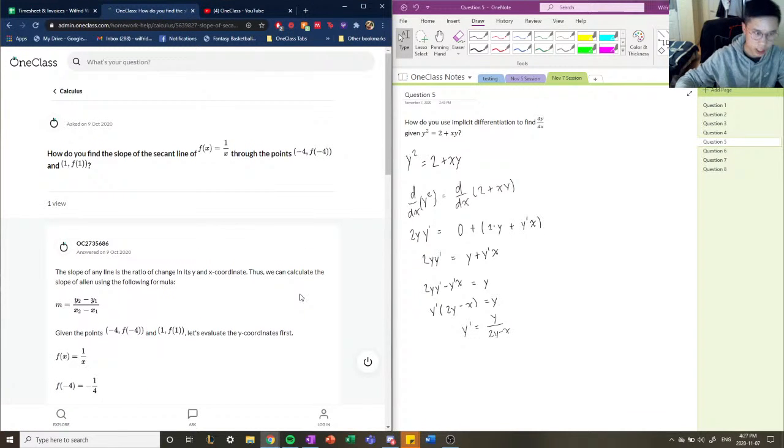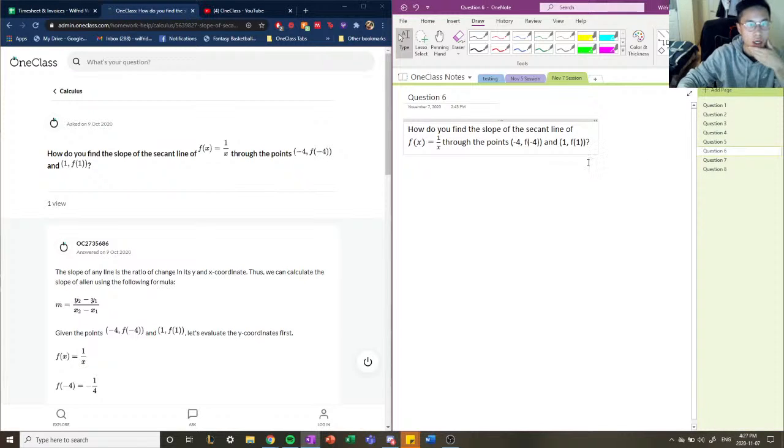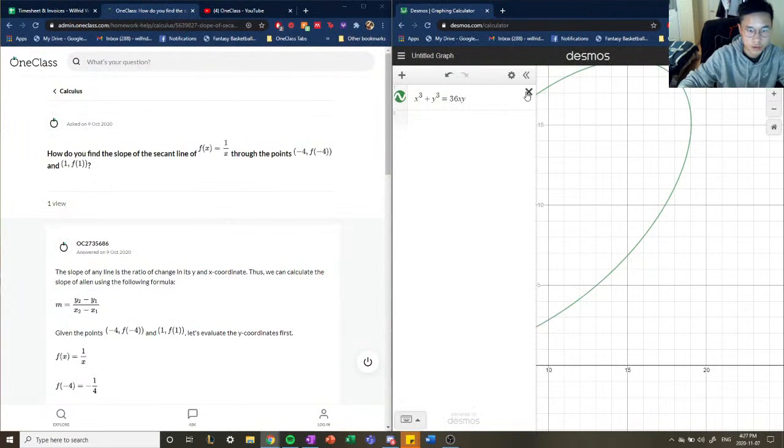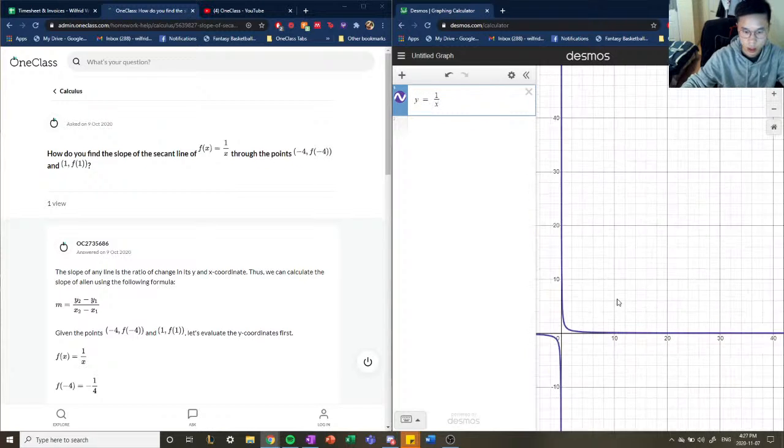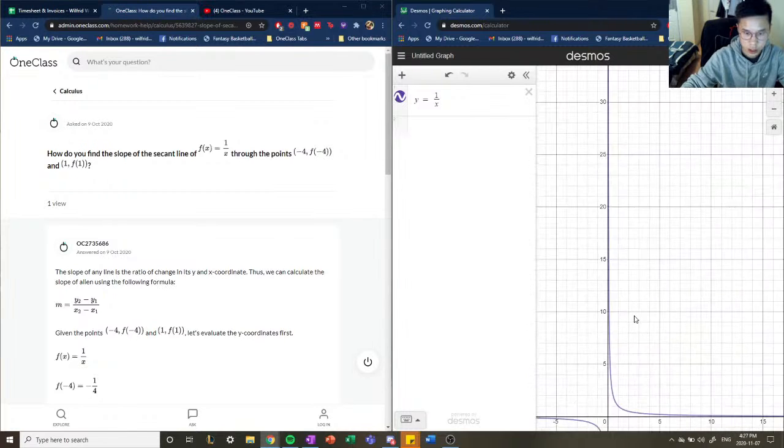So earlier on, I said that we're going to be calculating the slope of a secant line. So here we are. How do you find the slope of the secant line of f of x equals 1 over x through the points -4 and f of -4, and 1 and f of 1? Okay, so let's graph this reciprocal function here just to visualize it. This is what the reciprocal function looks like.